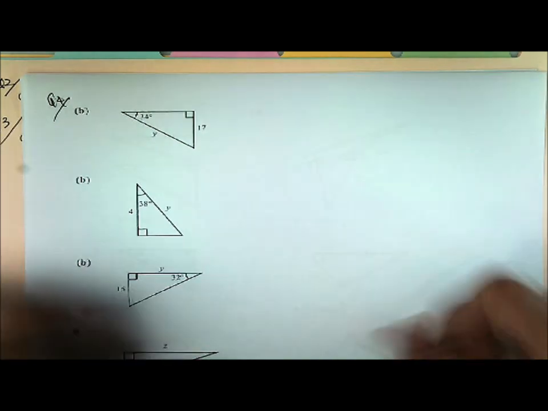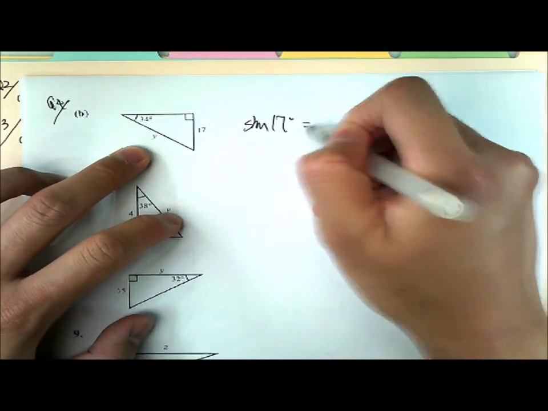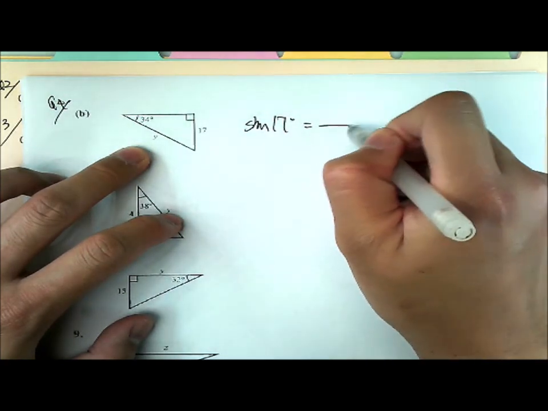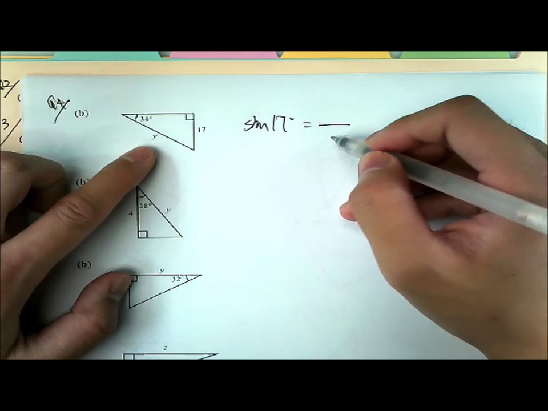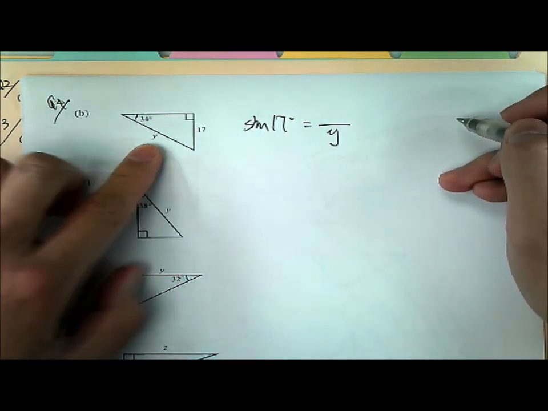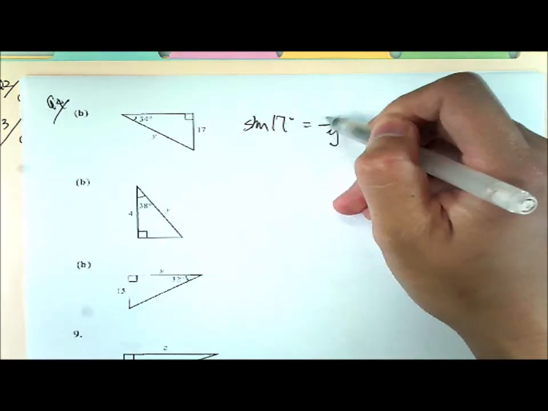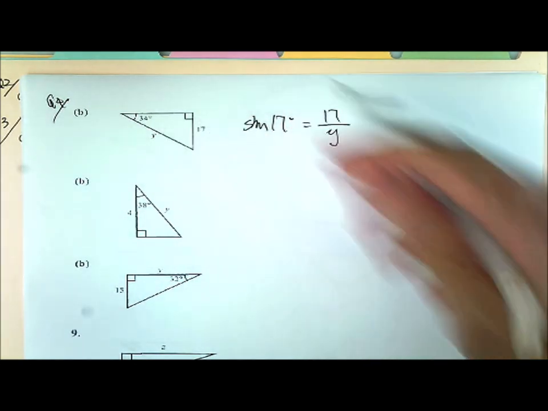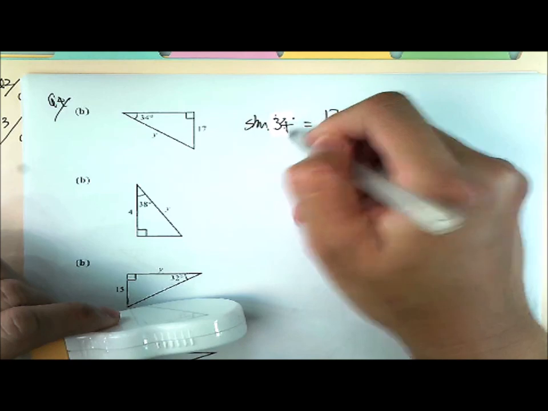So you write sine 34 degrees equals, put a fraction line first, and then do the denominator: find the longest side, put it here. And then the opposite side above. It should be 17 here, it should not be 34 degrees.